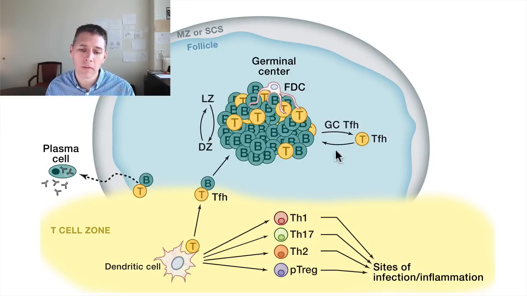And if that TFH cell then re-engages a germinal center B cell or germinal center B cells, that TFH then, through that high-level antigen recognition by the antigen on the B cells, as well as by the signals, co-stimulatory signals and others provided by the B cells, returns to a full GCTFH polarization. Okay.